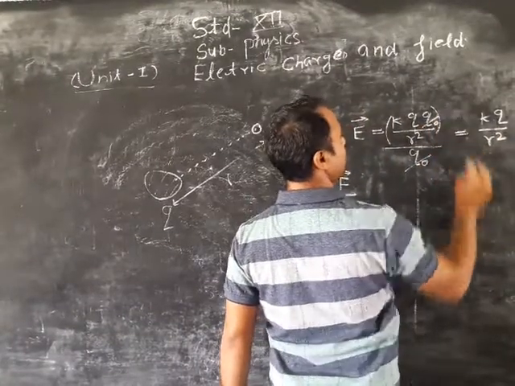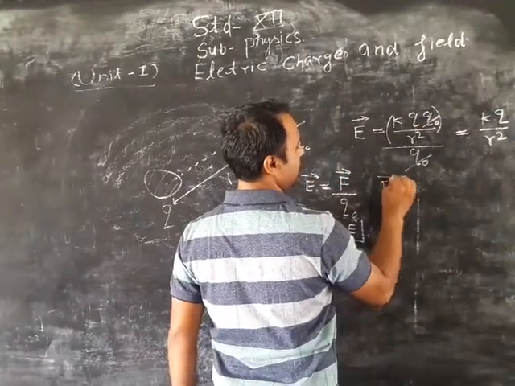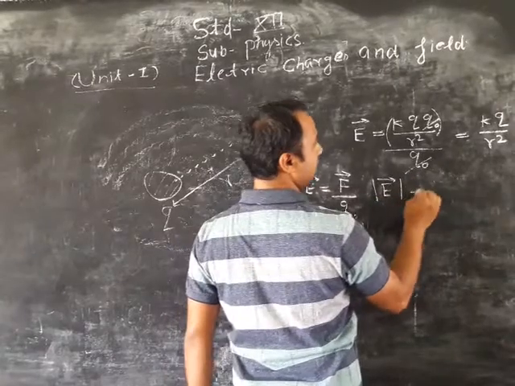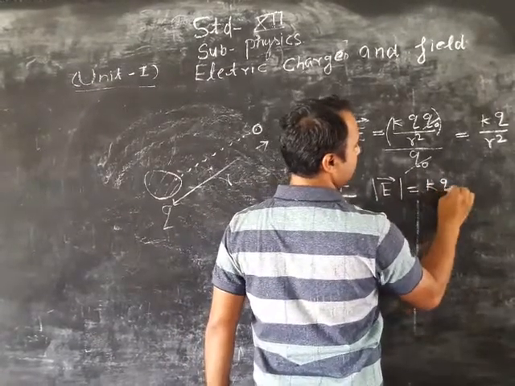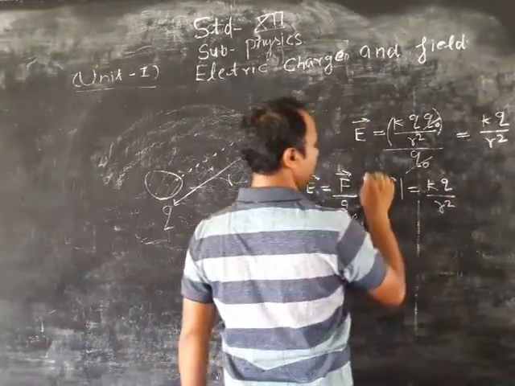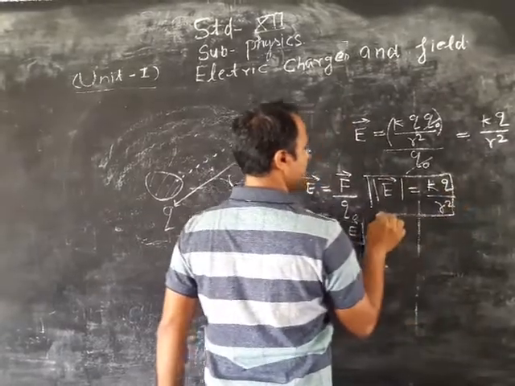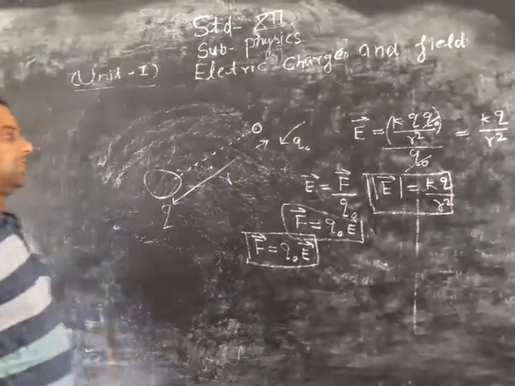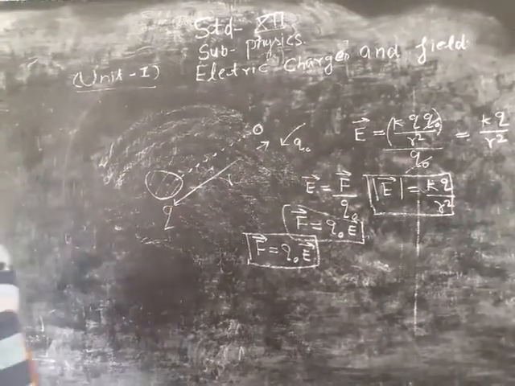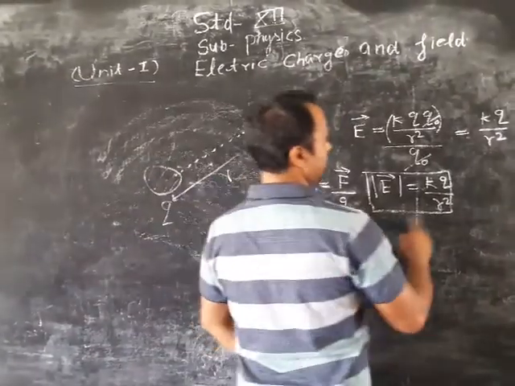Here Q naught and Q naught cancel, and the magnitude of the electric field is KQ by R square. We have to remember this formula. This formula is only valid for a point charge.